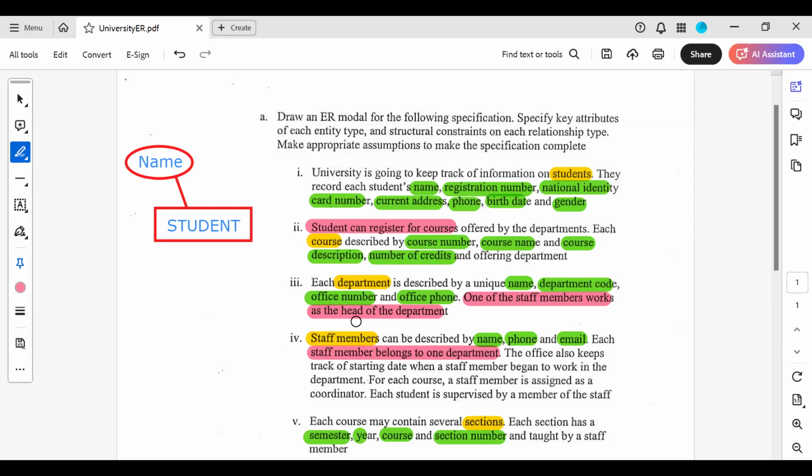Good, so we identified three relations. Any other? Each student is supervised by a member of the staff. Exactly. So there will be a supervision relation between student and staff. Good.